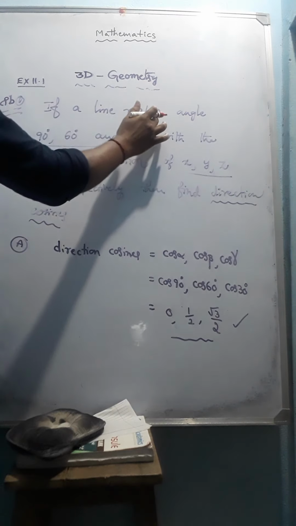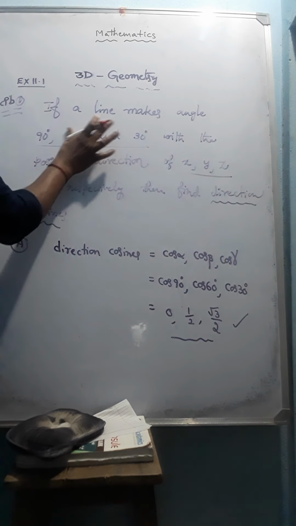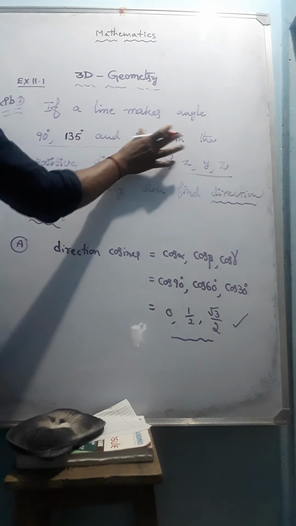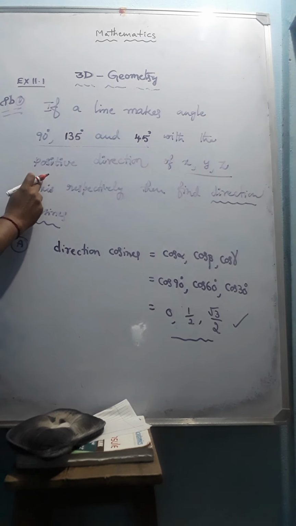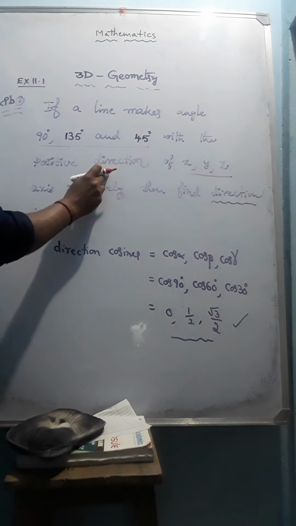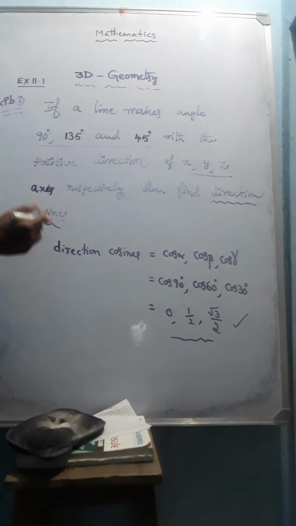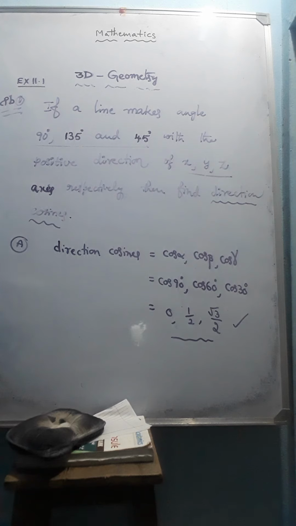If a line makes angles 90 degrees, 135 degrees and 45 degrees with the positive directions of x, y, z axis respectively, then find the direction cosines. That is the problem. So this is problem number 1 under exercise number 11.1.